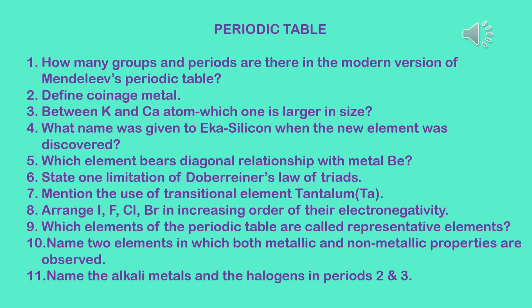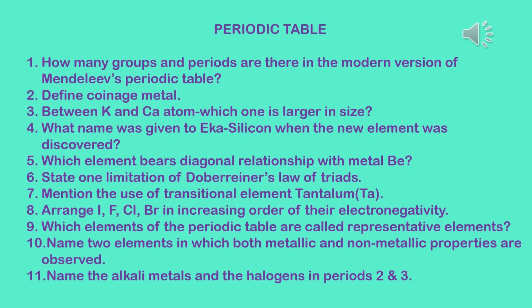Next question. Which elements of the periodic table are called representative elements? The elements of groups 1, 2 and 13 to 17 in the long form of the periodic table are called representative elements. Next question.